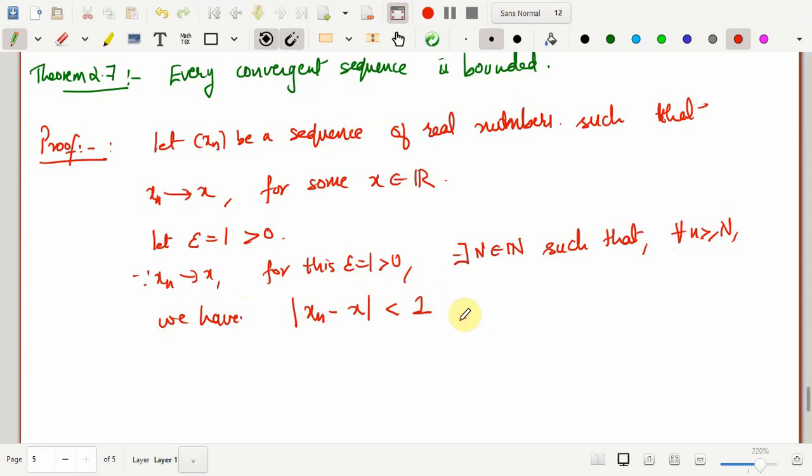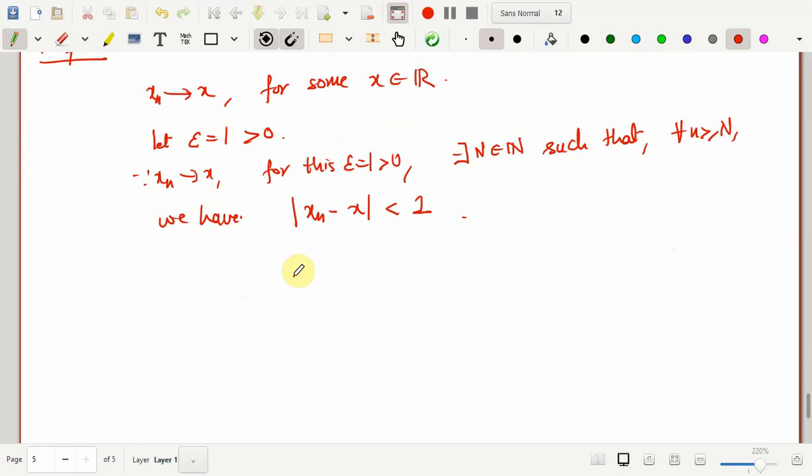Okay, so this is what we have. I'll call this a star. Now if I write down what exactly is happening for the sequence xn when n is greater than or equal to N, thus, for n greater than or equal to N, mod of xn.